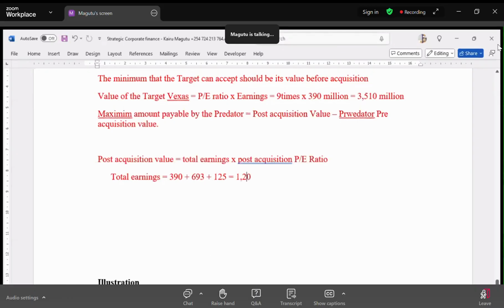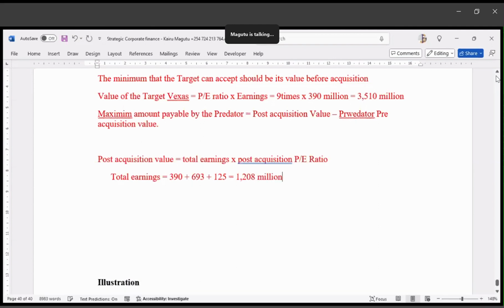So 1208 million. Post-acquisition value is that. Now, can you determine the maximum amount payable, the predator pre-acquisition value? No, this is earnings.